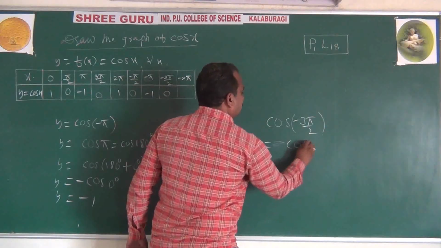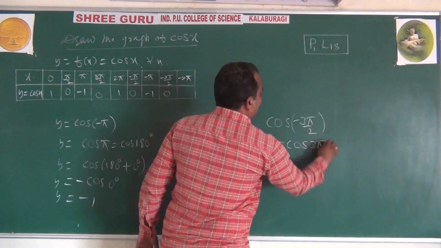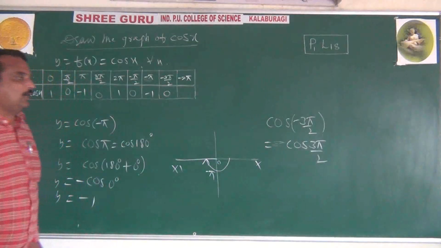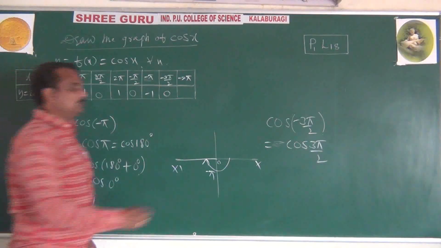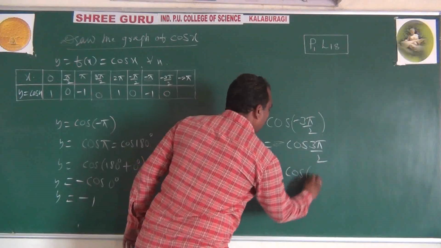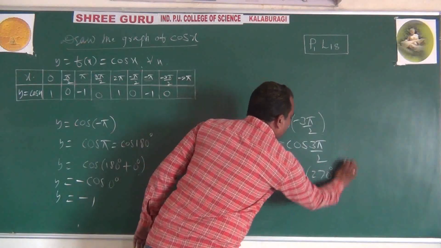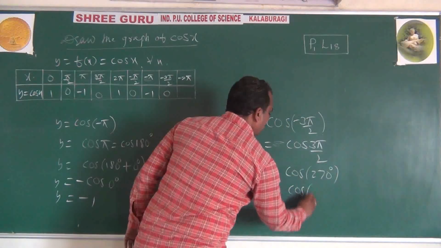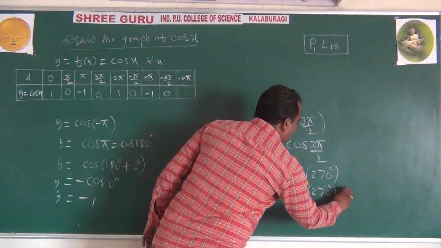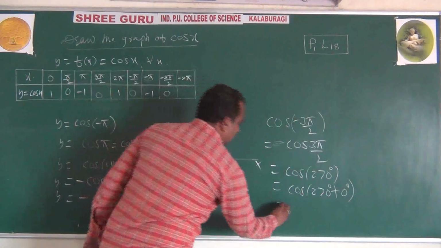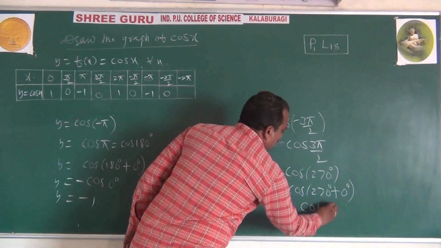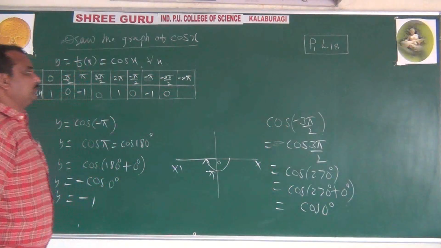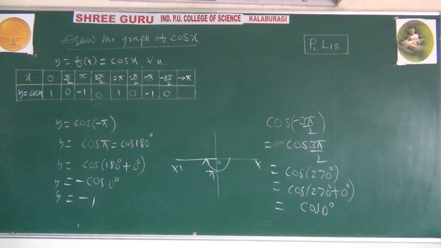Cos of minus theta equals cos theta. 3 pi by 2 is 270 degrees. Yes, cos 270 can be written as either plus or minus. You can take the fourth quadrant, if it is positive, cos of 3 pi by 2.